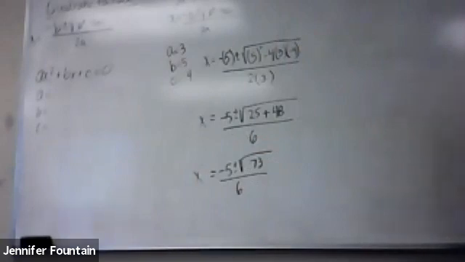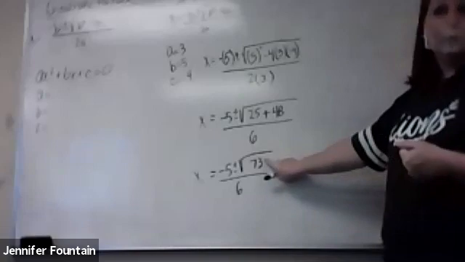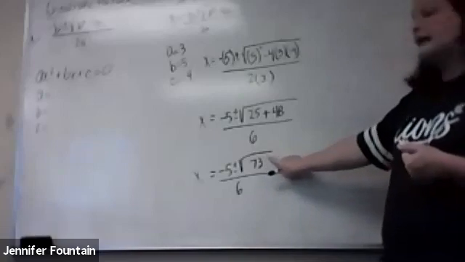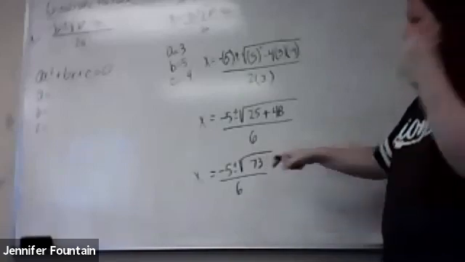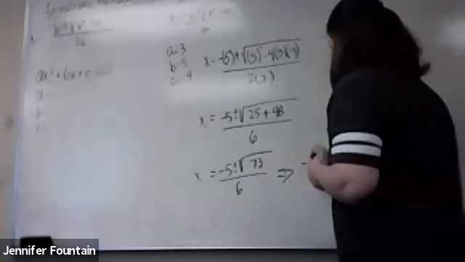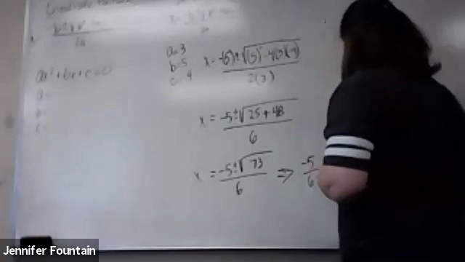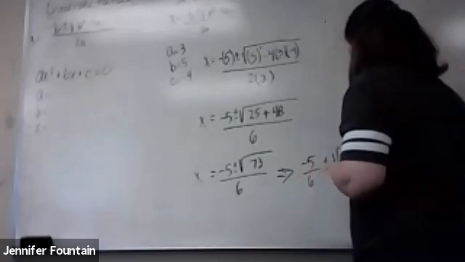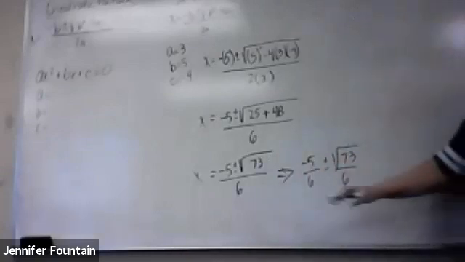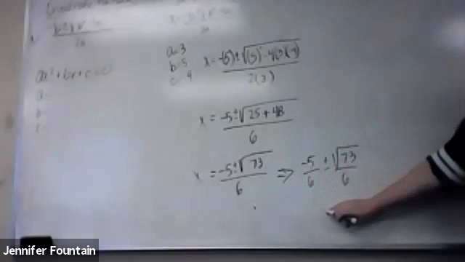All right, so if I can simplify this, I will. If I can't, I don't have to. Remember how we said that this is the same as negative 5 over 6 plus or minus the square root of 73 over 6. They're the same whether they're together or separated.